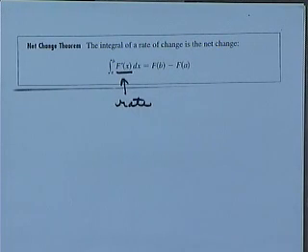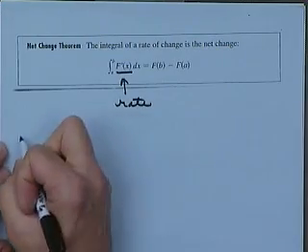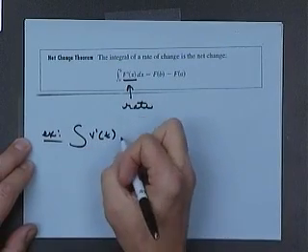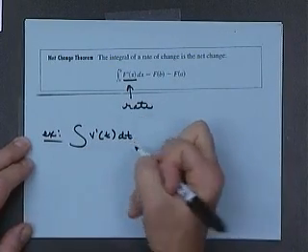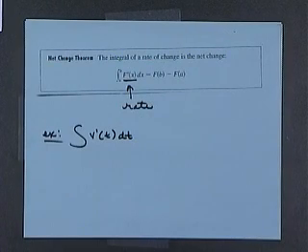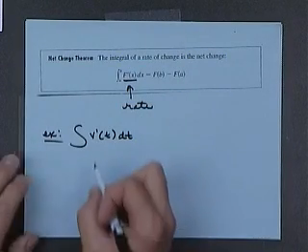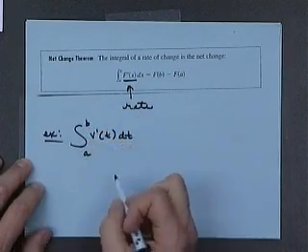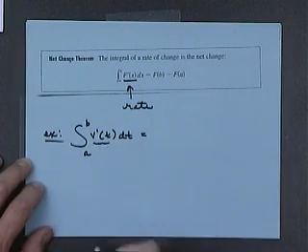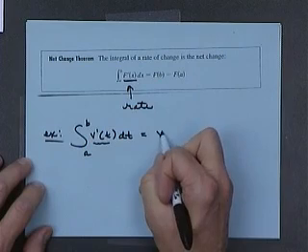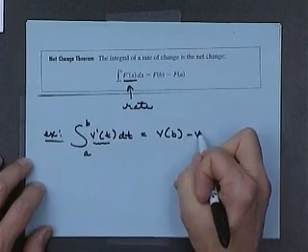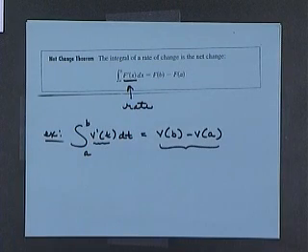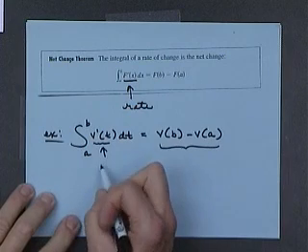Now, how would that come into play on a problem? Let's say, for an example, we have v prime of t. And I don't know what v is. V can be velocity, but it could be something else, too, that started with v. But that's the rate of change of v. And if you start with the rate of change of v, and you anti-differentiate it, what do you come up with?